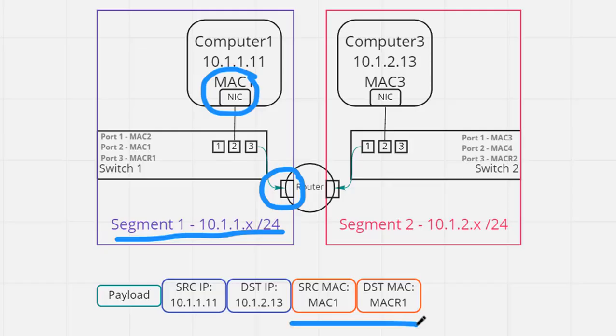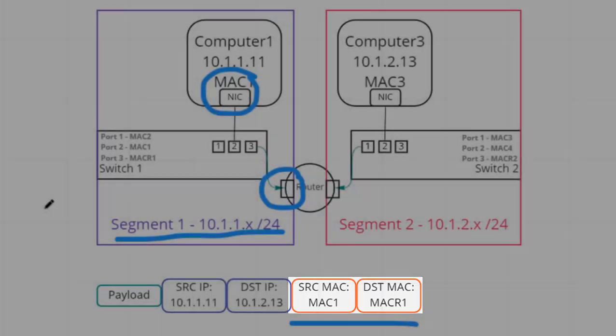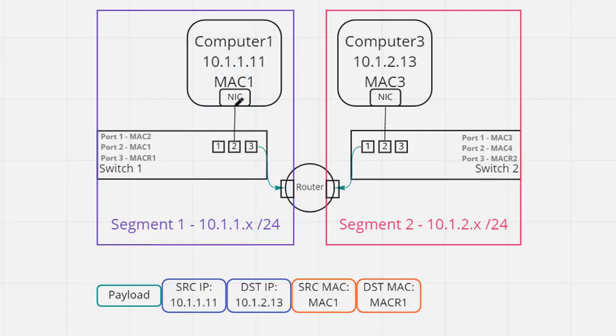And so that addressing is appended. And those addresses only matter within this segment, within segment 1. And so the computer transmits this frame out its network interface card, and the frame arrives at the physical switch.